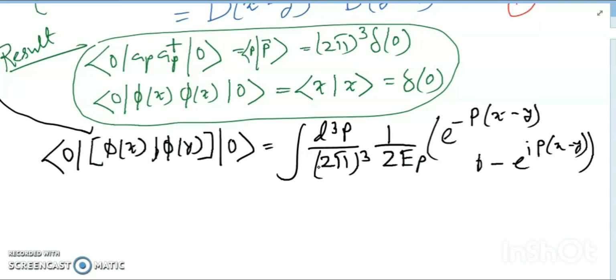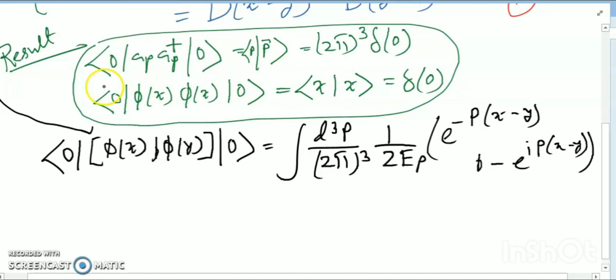This equation is very important for the learner.